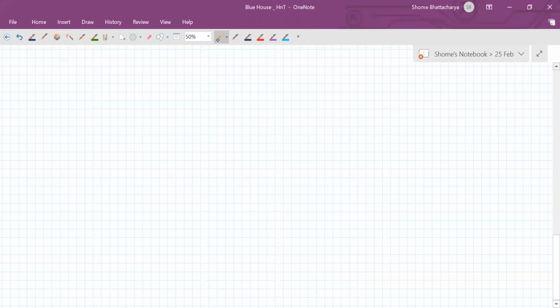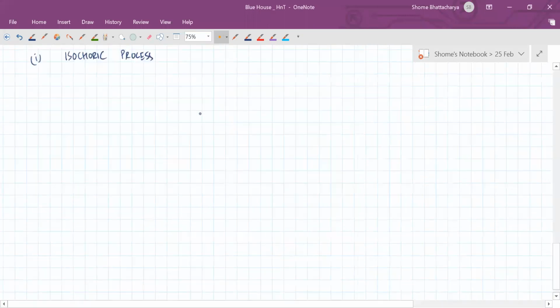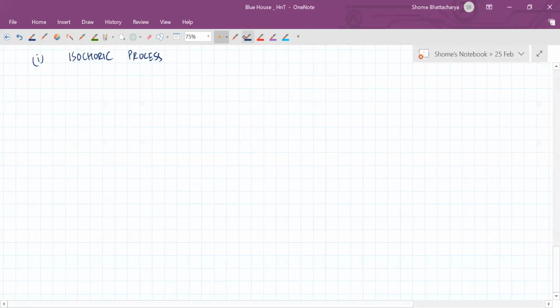Yeah, so as I was saying, let's come to the first of our named processes or standard processes, the isochoric process. The definition of an isochoric process is a process at constant volume.